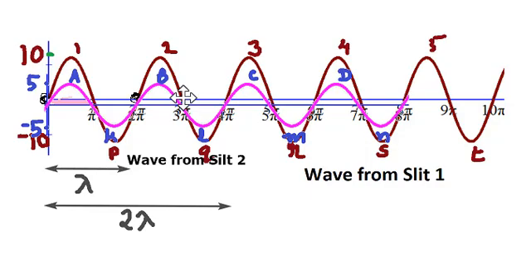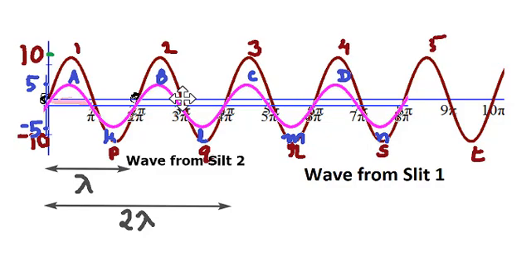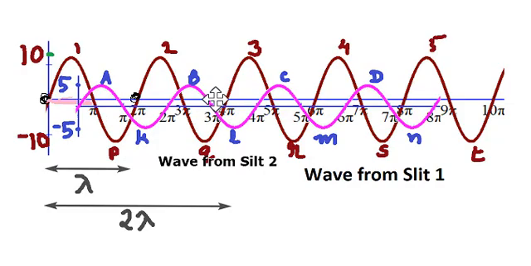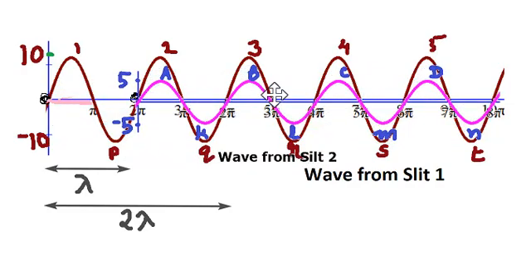Now suppose the waves are not coming to the center point on the screen, but some other point, either above or below. Then the path traveled by the two waves will be different. So there is a possibility that this can happen. Look at the diagram.